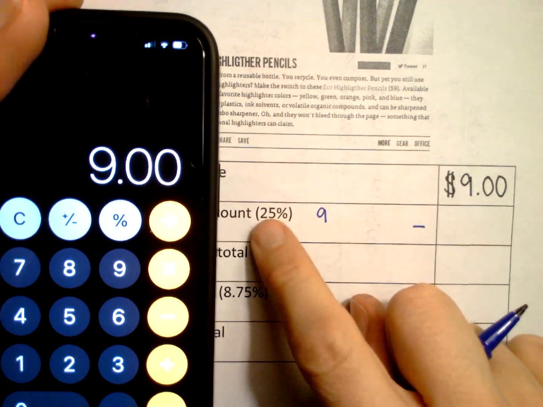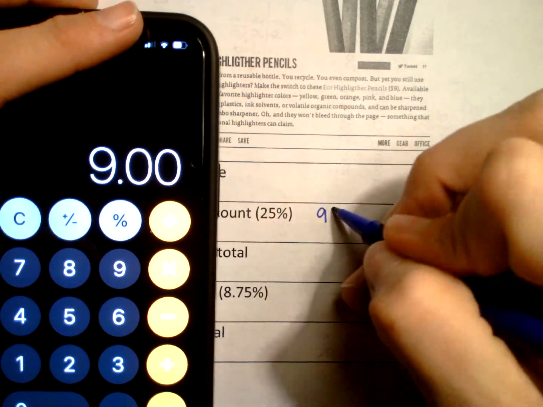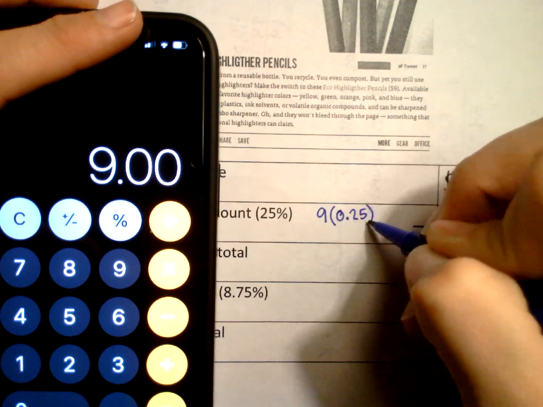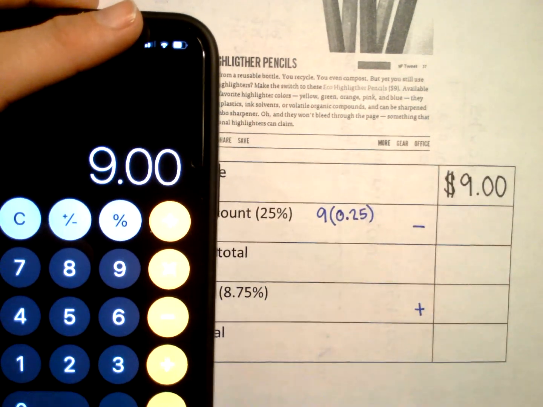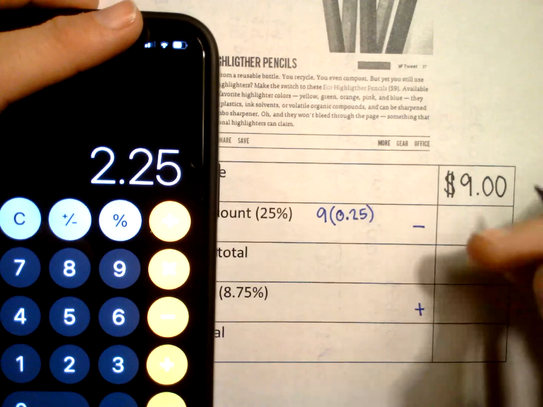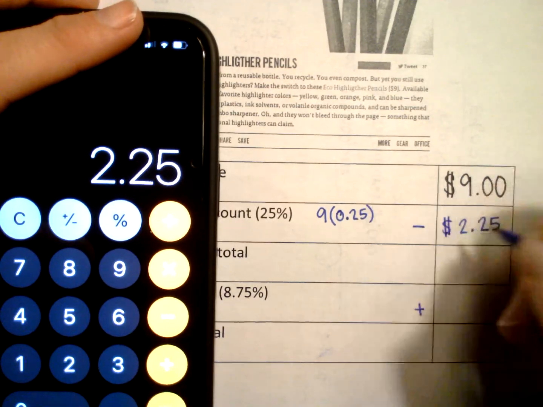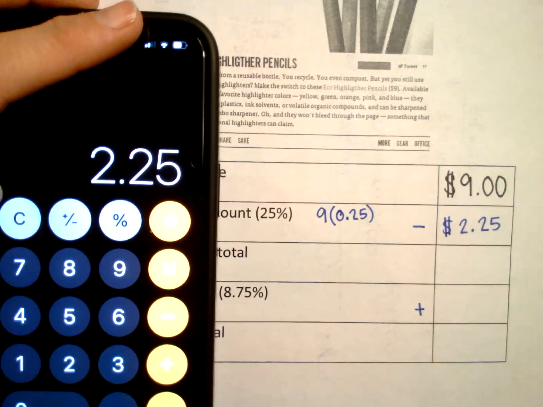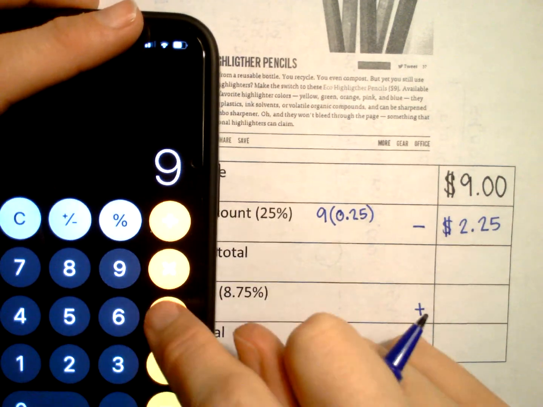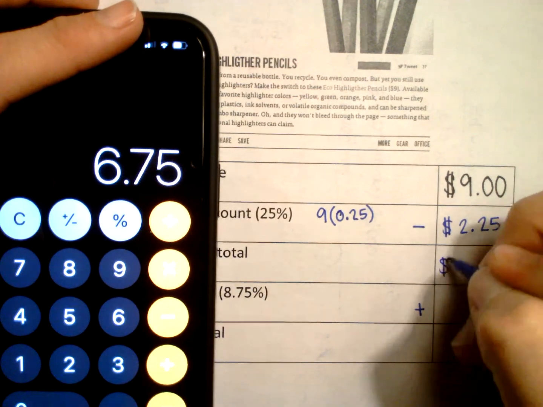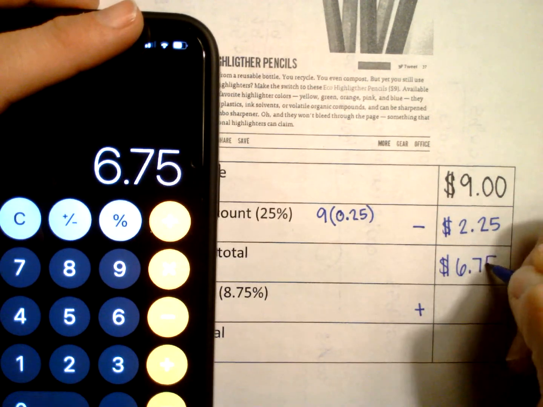I have a discount of 25% off. So 9 times 25% looks like this. So in my calculator, 9 times 25% equals $2.25. That's my discount. So I take 9 and I subtract my discount. And I get, for my subtotal, $6.75.